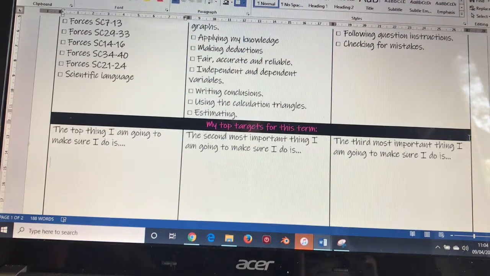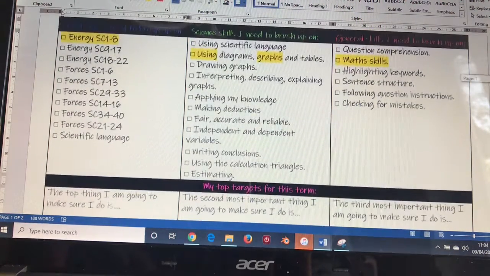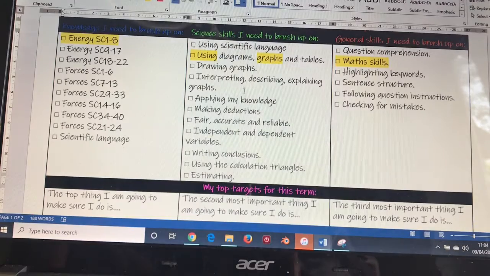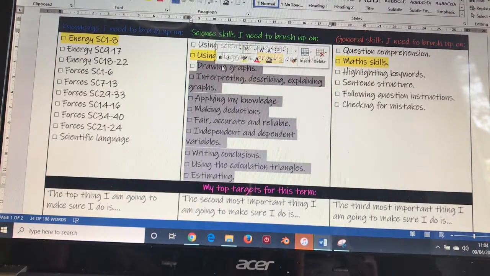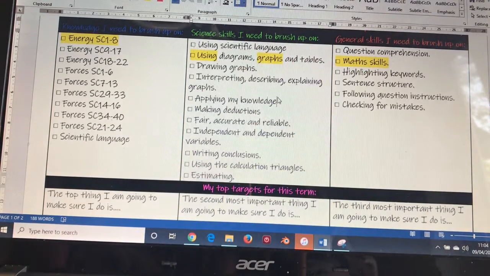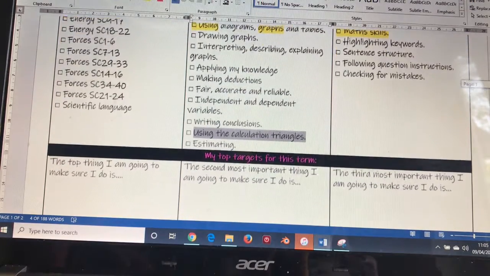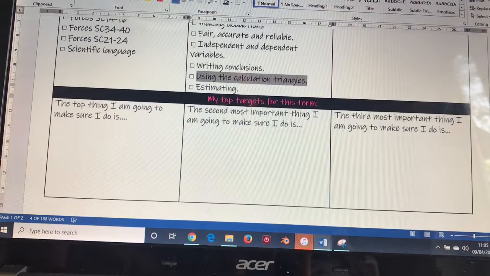If it's not knowledge based and you're taking it from this column, that makes it quite a lot easier because you can literally just pick one of these things and put it into here. Now, let's say that your biggest problem that lost you the most marks was actually that you didn't know how to use the calculation triangles. You knew them, you can draw them, so it's not a knowledge problem, but you don't know how to use them.